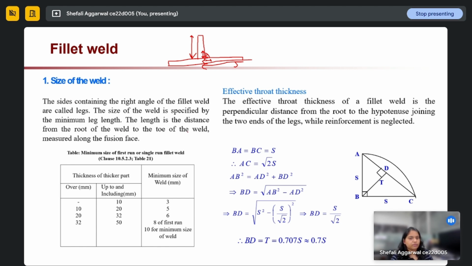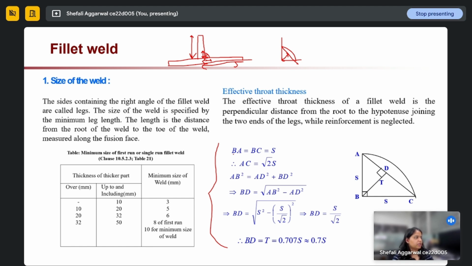Next is the effective throat thickness. If this is our fillet weld, and we draw a straight line from the corner to this point, it is called the throat thickness. So this BT we can calculate using normal mathematical calculation, right?